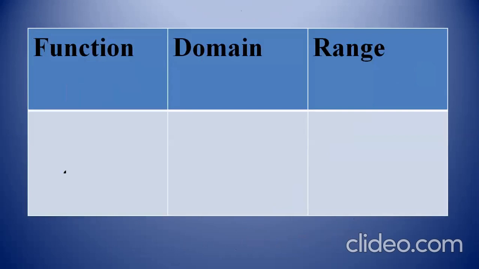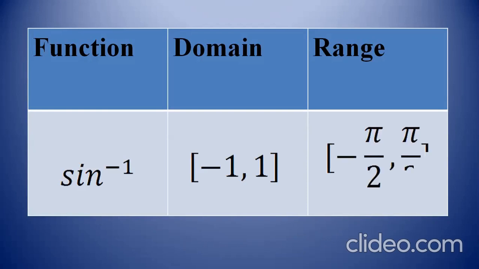So for sine inverse x, the domain is minus 1 to 1 and the range is minus pi by 2 to pi by 2, because the sine inverse function maps the closed interval minus 1 to 1 onto minus pi by 2 to pi by 2.